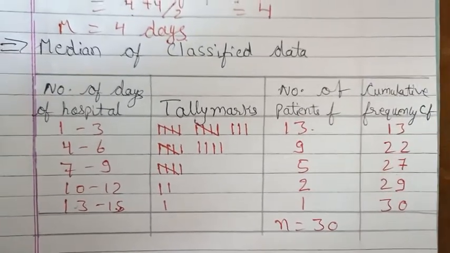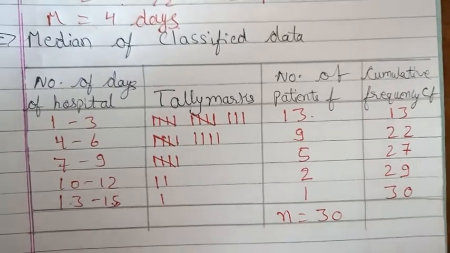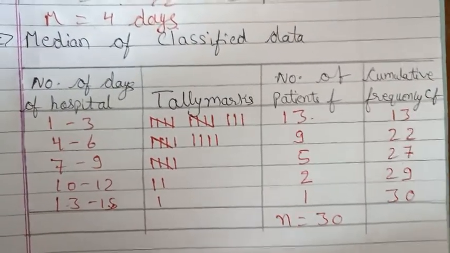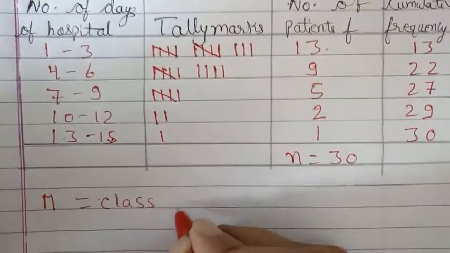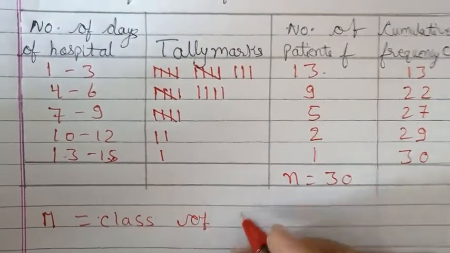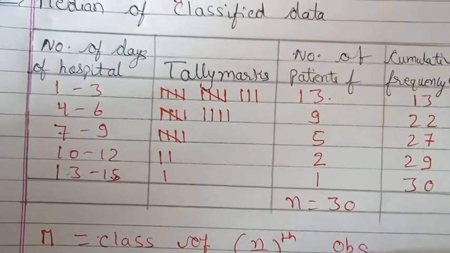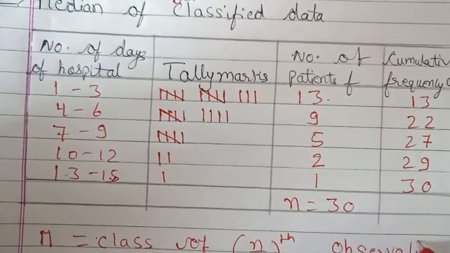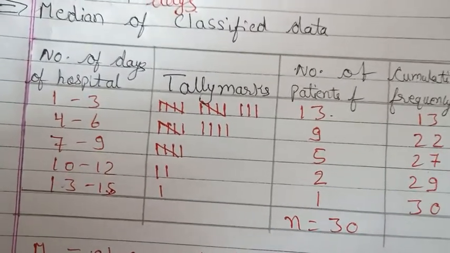Now we have to put in our continuous median formula. So first of all we will find the median class, that is the class of the n upon 2th observation. Now what is our n? 30.